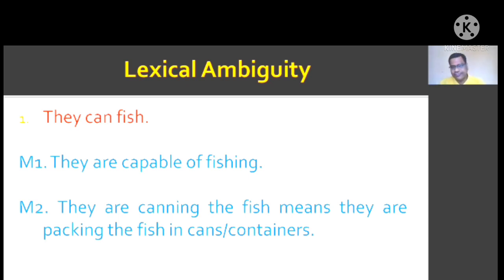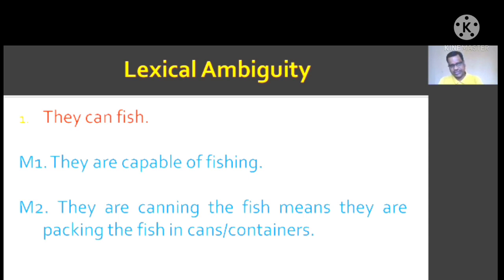They are canning the fish, which means they are packing the fish in cans. They can fish. They functions as third person plural. Can is mentioning the process of canning, the process of packaging. And what are they packing? They are packing the fish into containers.